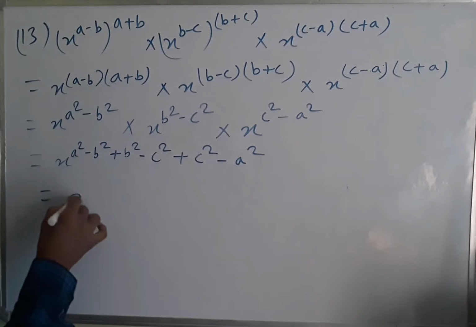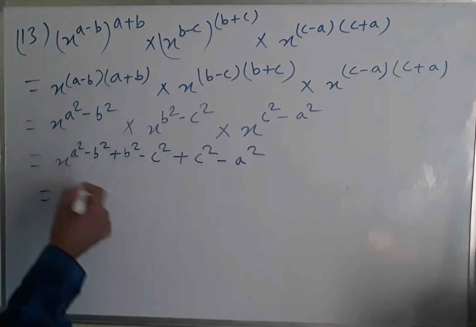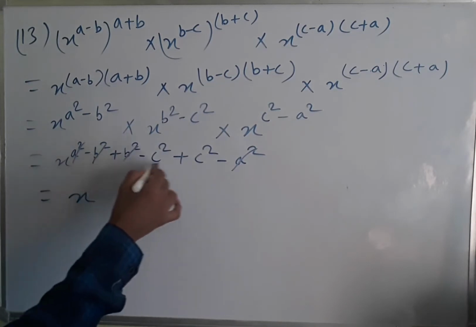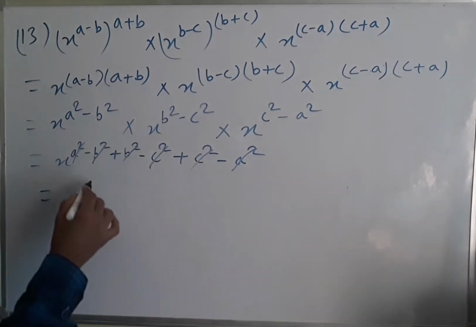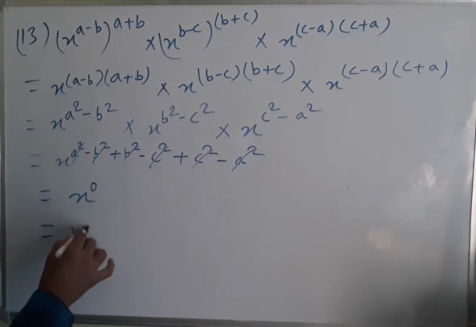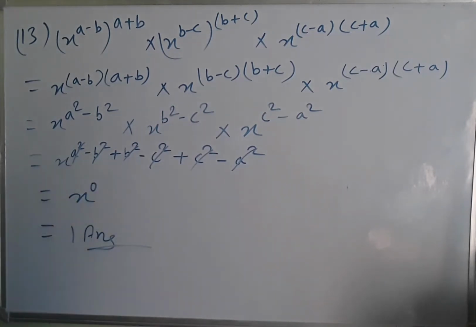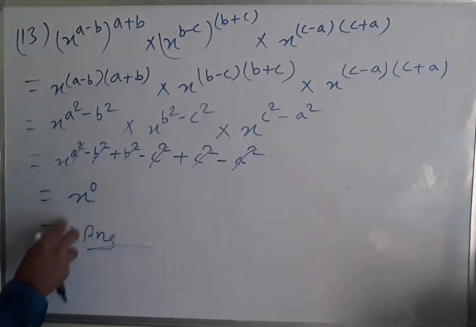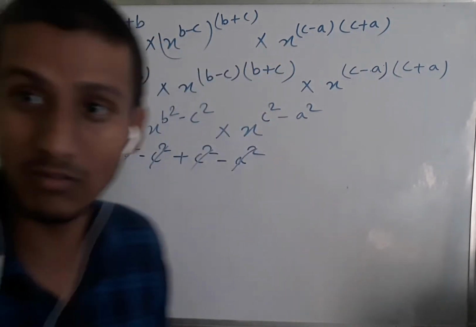And this one is pretty easy. What will happen eventually is this will cancel out, this will cancel out, this will cancel out, and all that will be left is x to the power 0, which is of course 1. And that's our answer. How amazing is this, that this big problem just got 1 as its outcome.